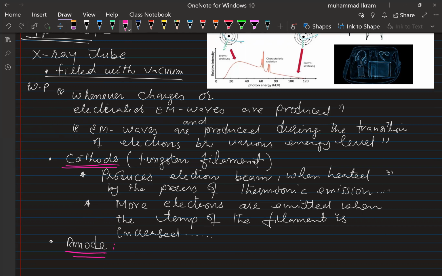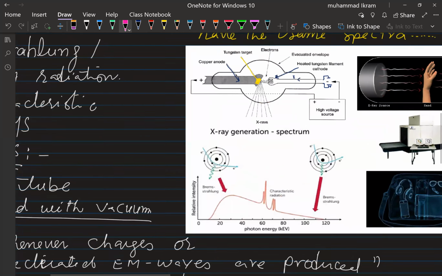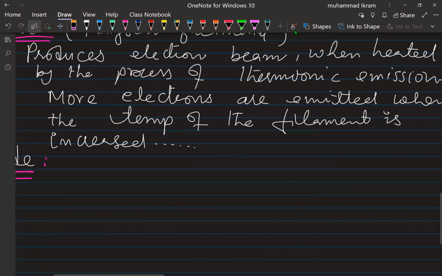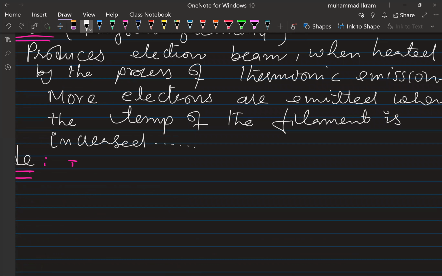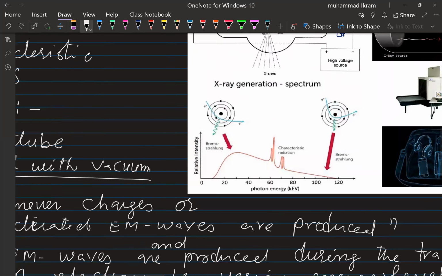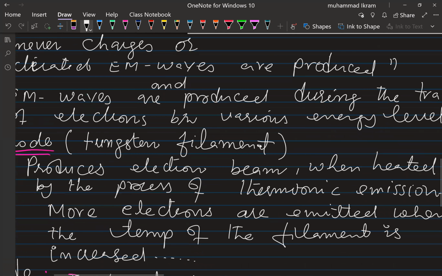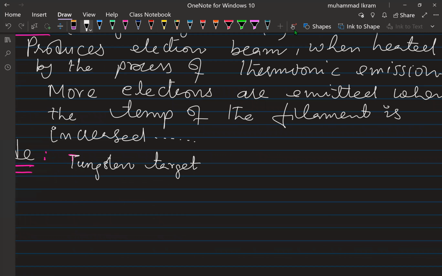The anode is also the tungsten target. This is our anode, which is surrounded by copper, or you can say the assembly of tungsten target and copper.